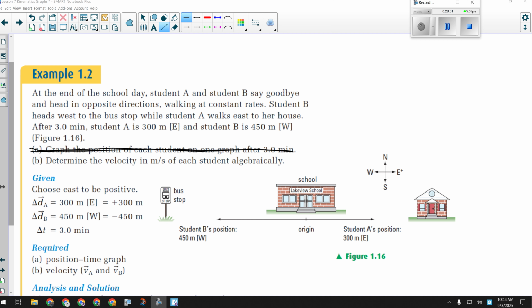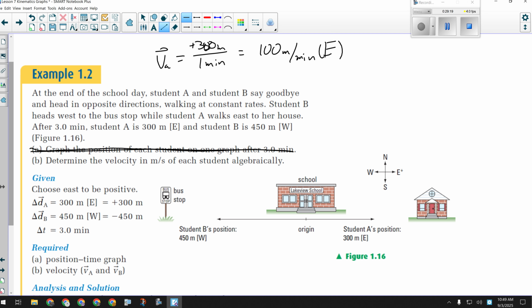All right, so for student A, obviously the velocity of student A would be positive 350 meters divided by 1 minute. We could have this in meters per minute. If you converted it to seconds, that's also fine. Sorry, 300 meters, not 350. And so that's going to mean 100 meters per minute east for that person.